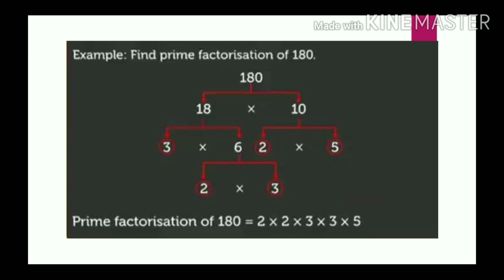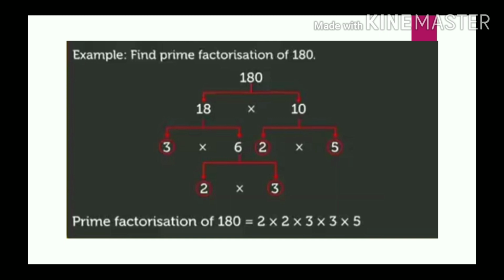Now 18 is a composite number and 10 is also a composite number, which means we have to divide them again. 18 is 3 multiplied by 6, and for 10 you multiply 2 into 5, which gives you 10.